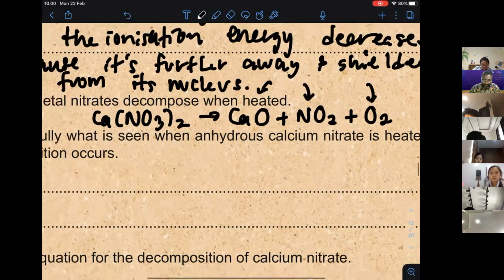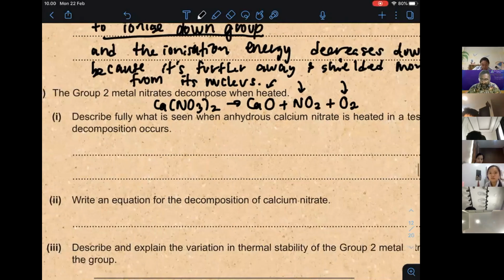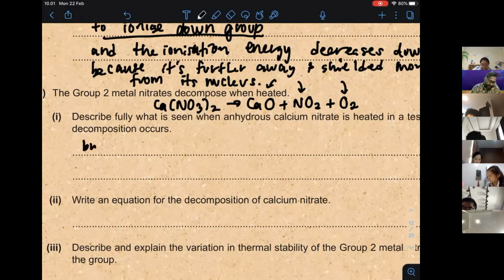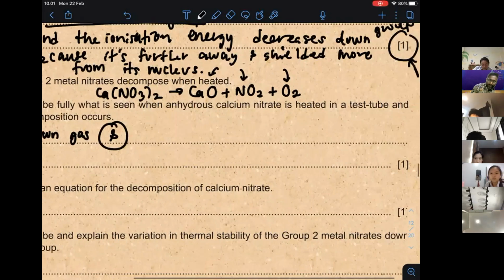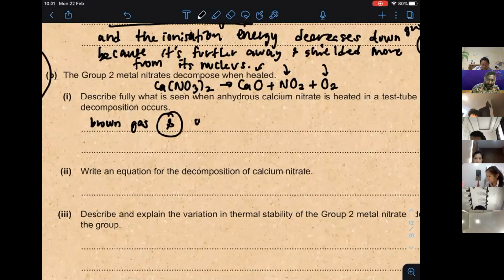So here they are asking describe what is seen, so there are two things that you can see. You just write down both things. So brown gas, NO2. If you don't mention NO2, you will not get the 1 mark. The brown gas and white solid.